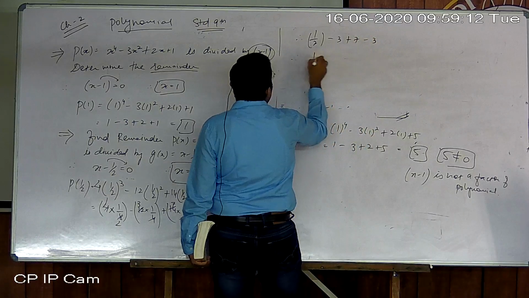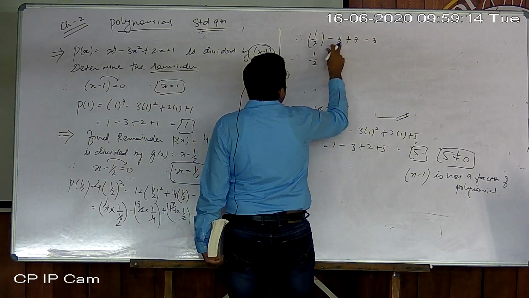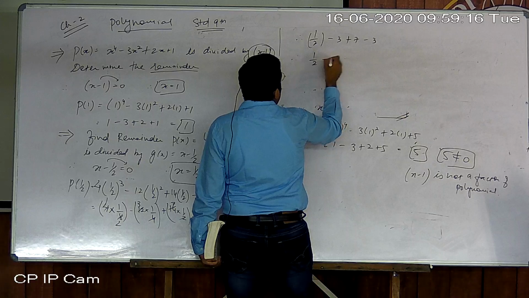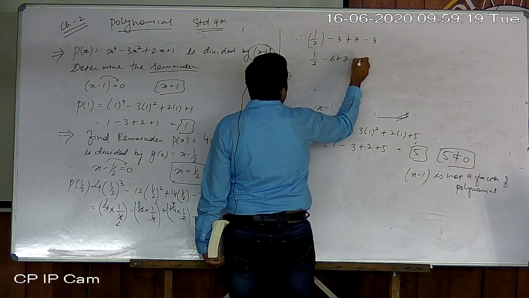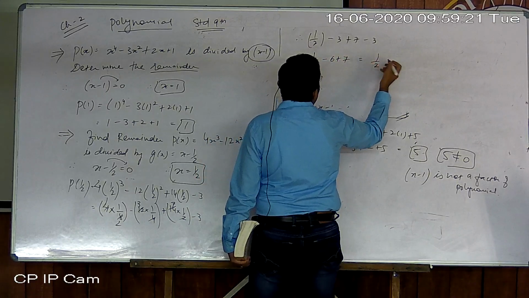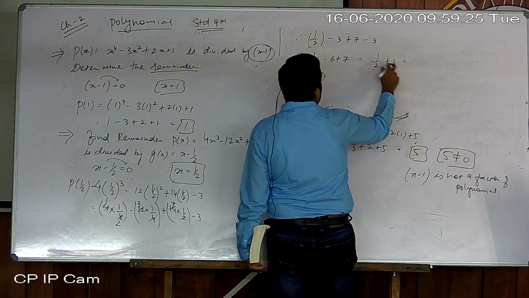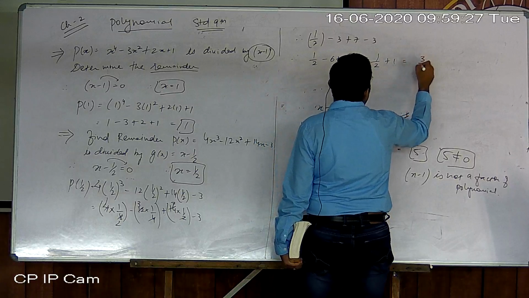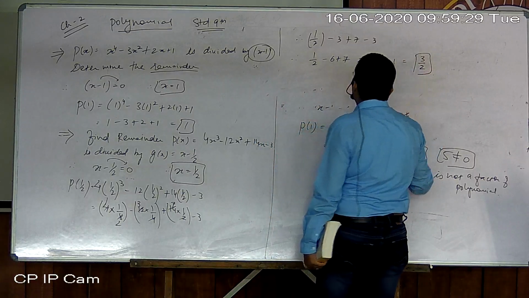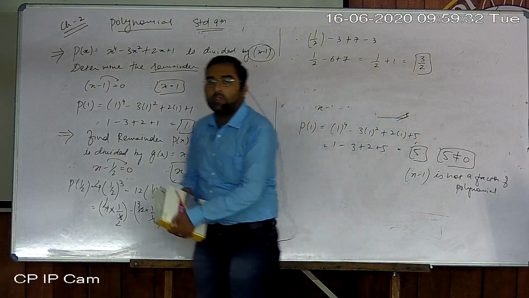So therefore half, 3 plus 3 is 6, minus 6 plus 7, therefore 1 by 2 plus 1, that is 2 ones are 2 plus 1, 3 by 2. My answer is 3 by 2. Okay, clear students?